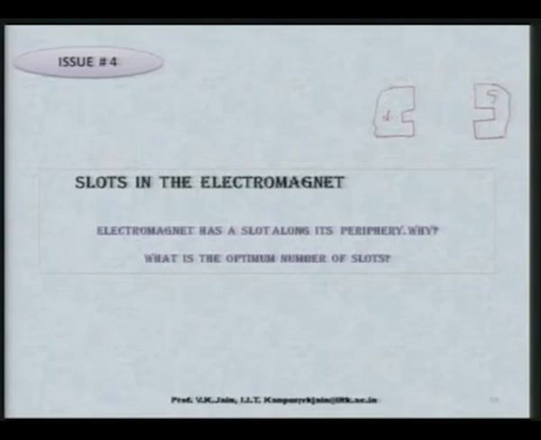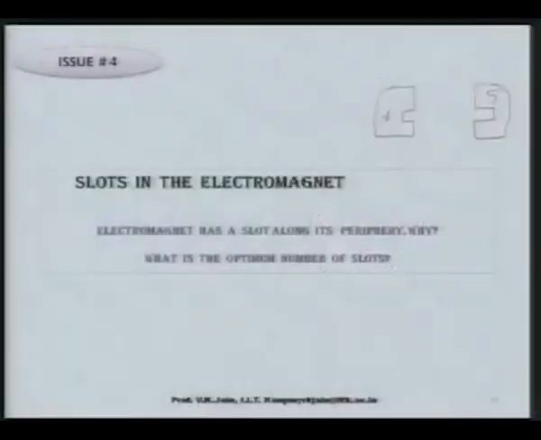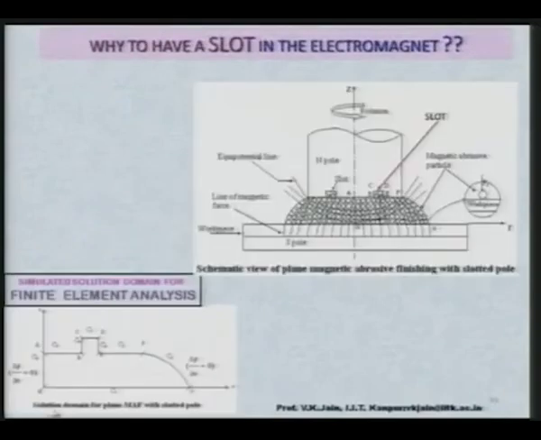Now, the question arises, why are these slots there, and if we have one slot, why not have 2 slots, 3 slots or 4 slots if a slot is advantageous. So, let us see, the electromagnet has a slot along its periphery, and what is the optimum number of slots? We have tried to analyze it using the finite element method, and some of the results are presented over here.